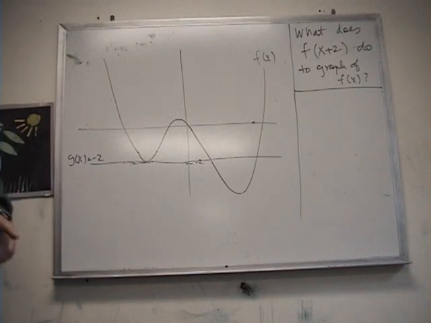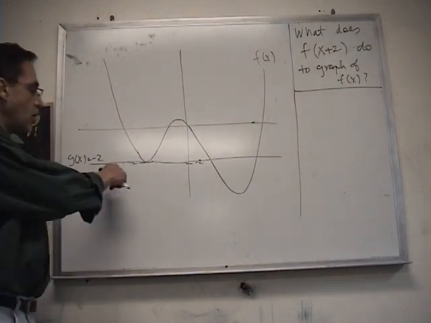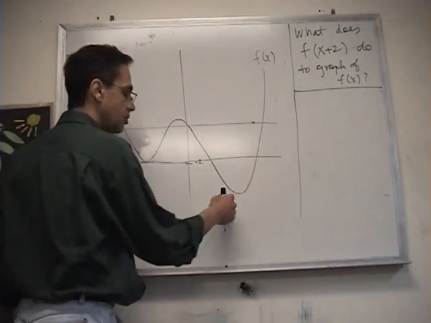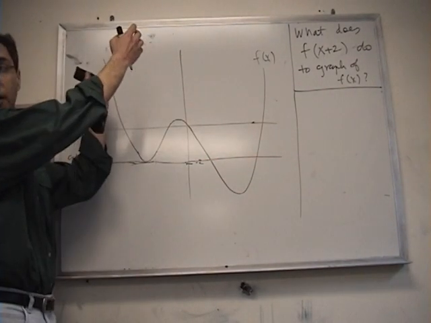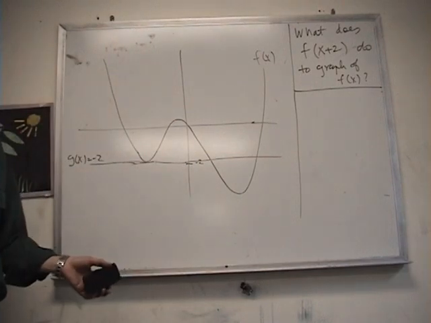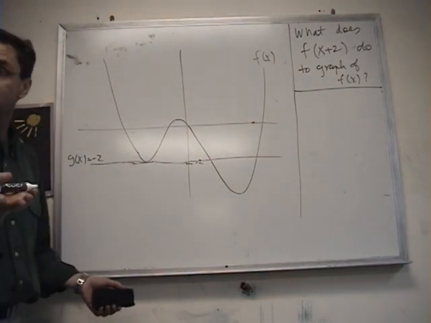Now, what does k do to the graph of f of x, Miss Jossie? It moves the graph up and down. Exactly right. So then, if I want this line to only meet this graph at the one point, should I move it up or should I move the graph down? Move it up. You're right. By how much?